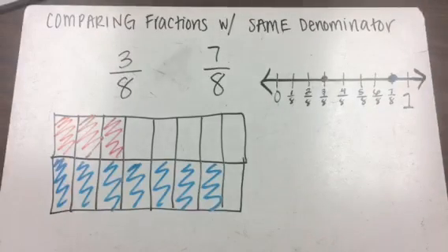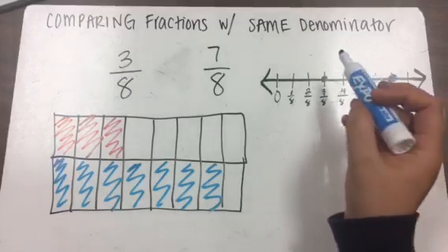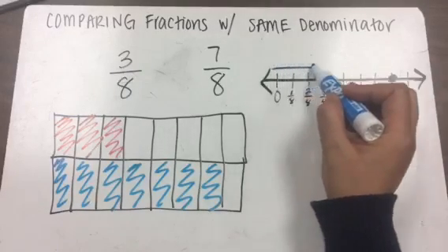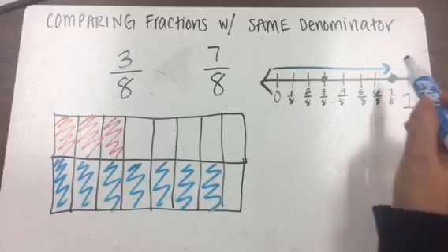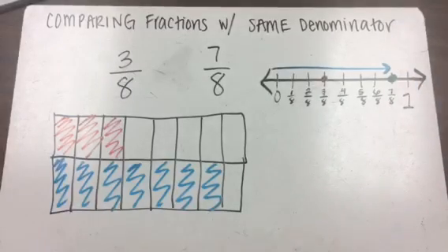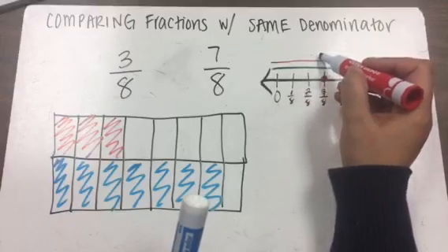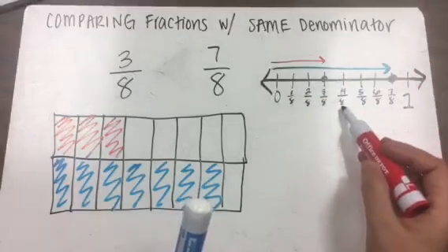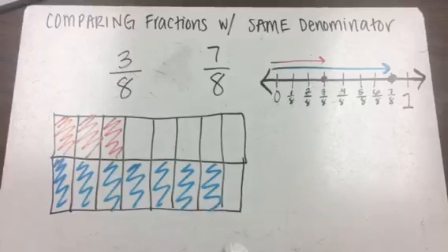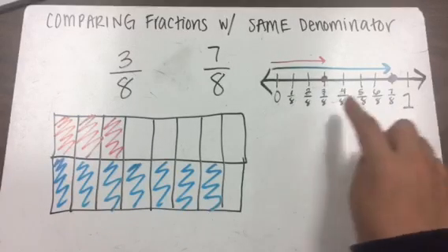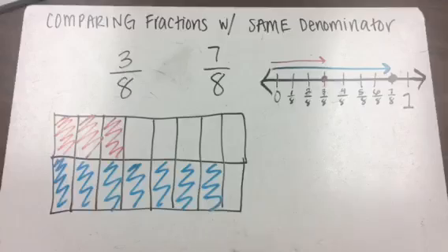If you notice, 7/8 is closer to 1 whole, and 3/8 is closer to 1/2, okay? So 7/8 would be greater than 3/8, okay?